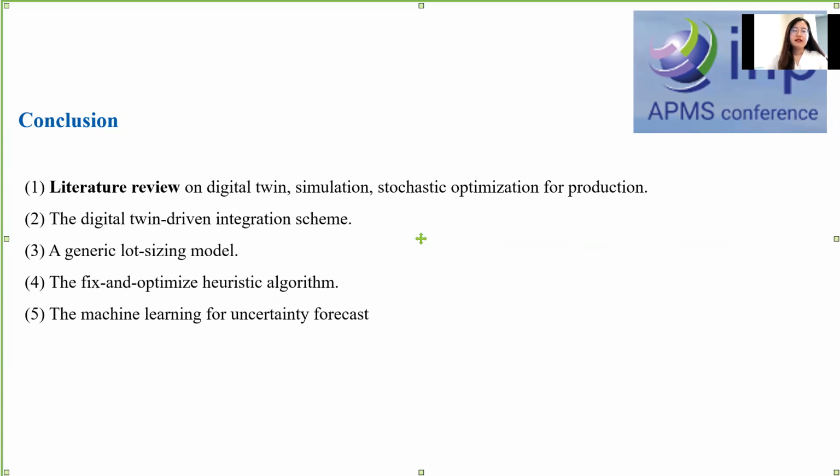And then is the conclusion. What we have done is, first, the literature review on the digital twin, simulation and stochastic optimization for production. And then we give the digital twin driven integration scheme.